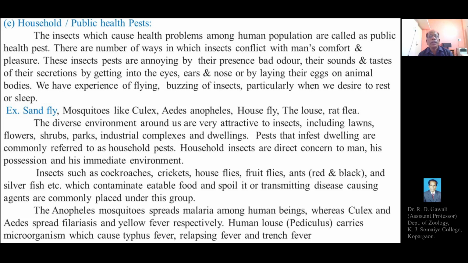The diverse environment around us is very attractive to insects, including lawns, flowers, shrubs, parks, industrial complexes, and dwellings or the houses.